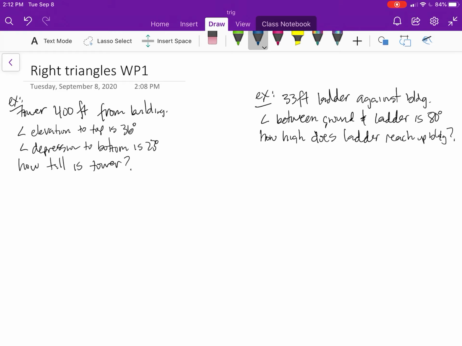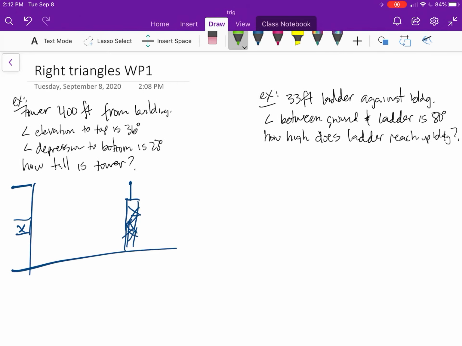All right, so we have some tower, okay, radio tower, whatever, we'll pretend it has an antenna with my beautiful drawing here. Okay, that's a tower. And we're in this building over here, somewhere right here. We have both the angle of elevation and depression. So what does that mean?